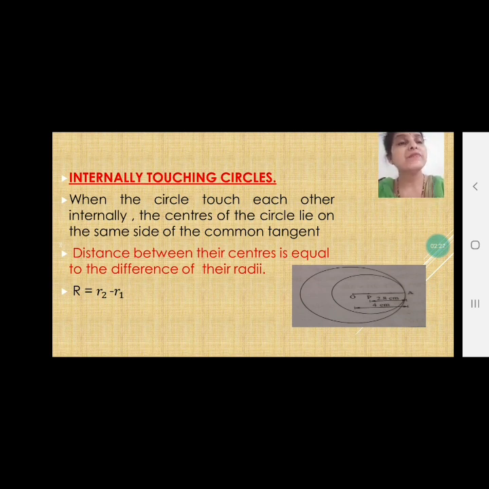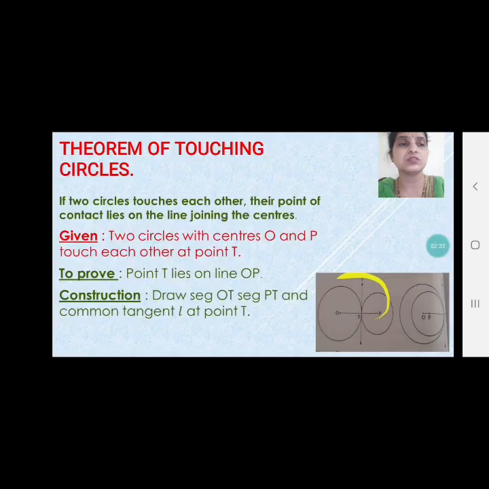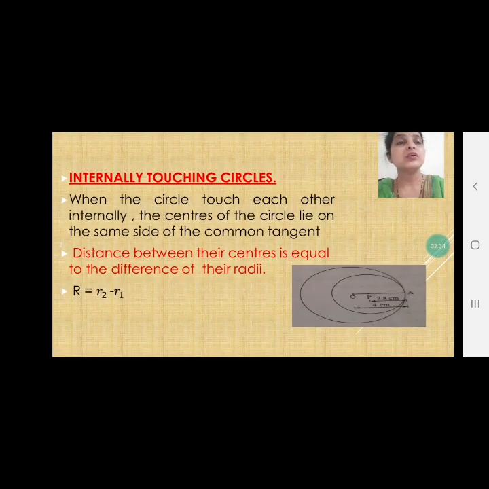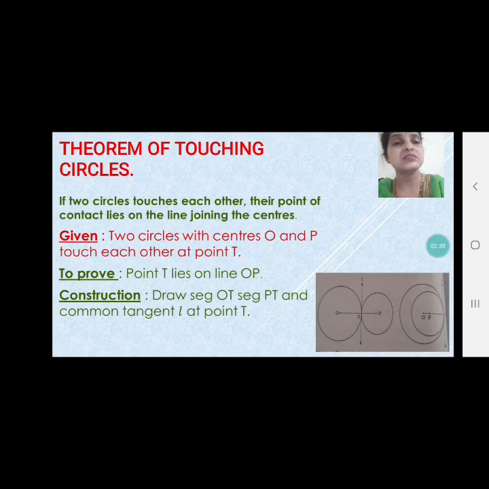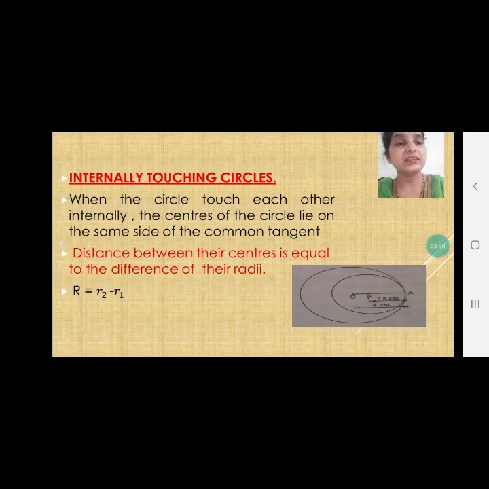To find the distance between the centers of these two circles, you observe that the outer circle's radius will be bigger than the inner circle's radius. So it will be R2 minus R1. That will give me the distance between the centers of the two circles.